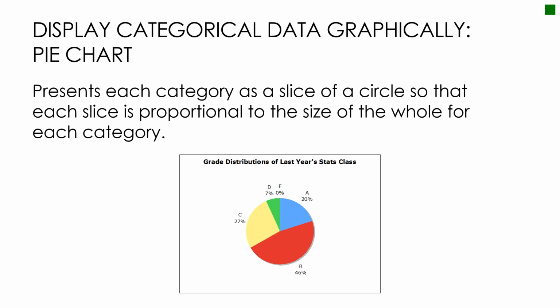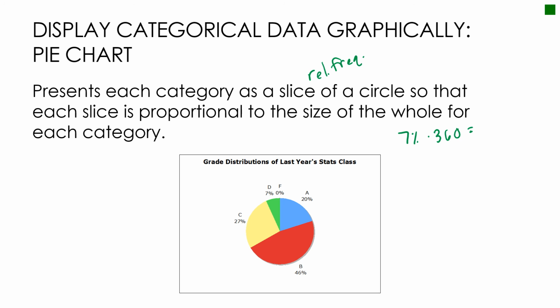The other categorical display is a pie chart. A pie chart is great because we're looking at the relative frequency data, so we're looking at percentages. Essentially what we would do is take those percentages, say my 7%, times the 360 degrees that's in a circle, and that would give us the number of degrees here.